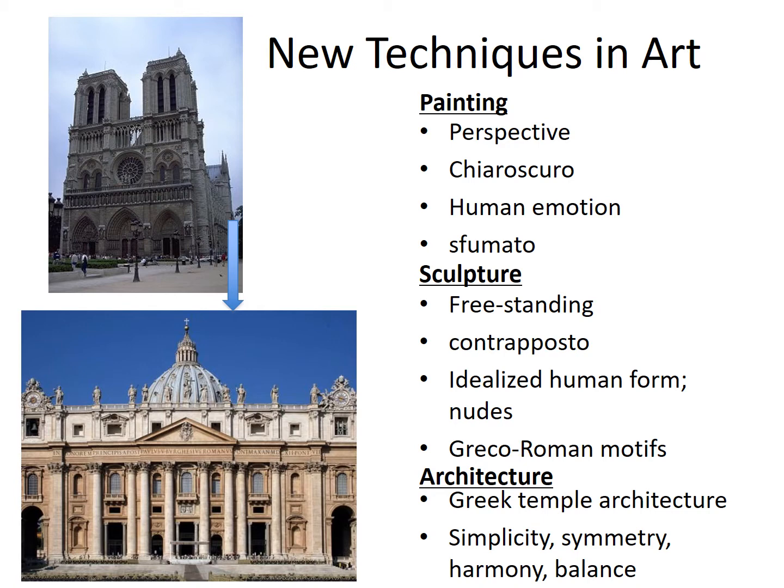The use of the pediments, like we see with the Greeks. You see both incorporated here, looking at the picture on the bottom of St. Peter's Basilica, in contrast, of course, to what you see above at Notre Dame, which was a Gothic cathedral.